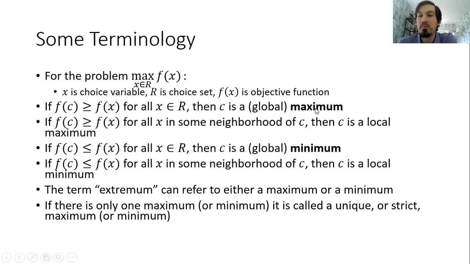Why do I have the word global in parentheses? Because sometimes if you don't see global maximum, you just see a maximum, it's referring to global maximum. The default is global. The default is that C is a maximum, which means C maximizes the function f on the choice set R.